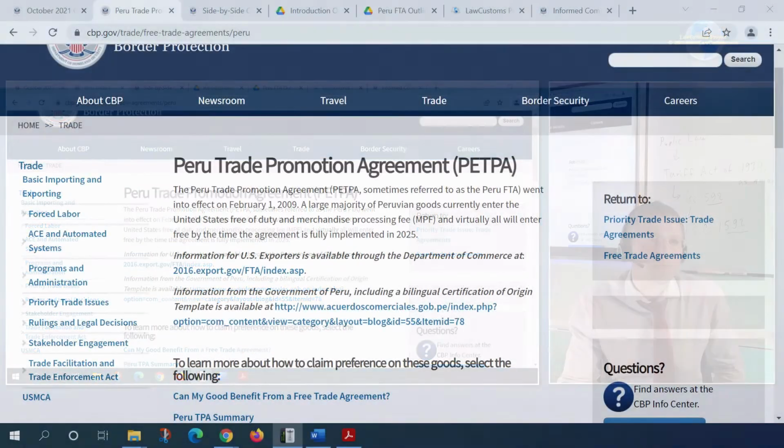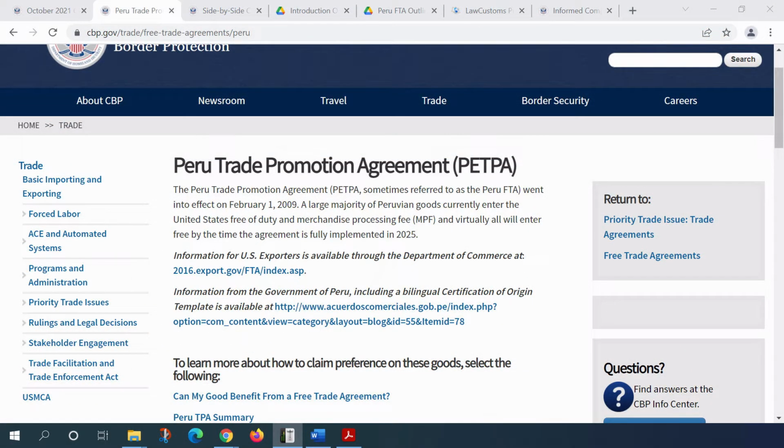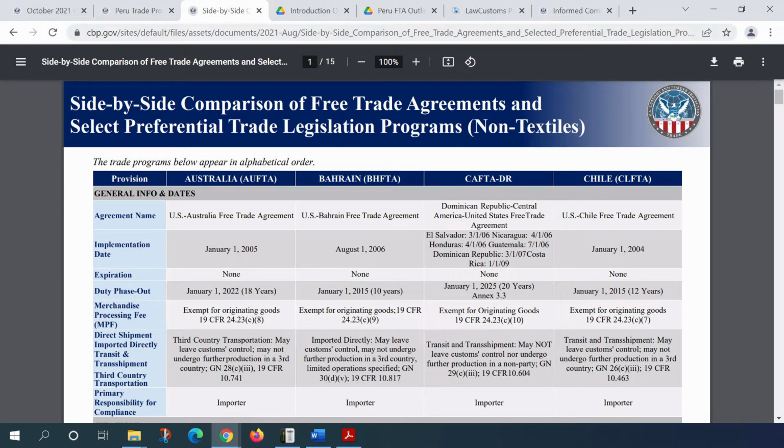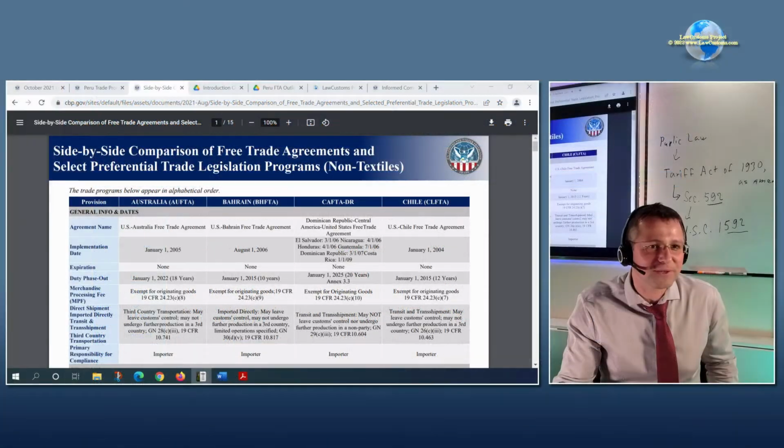More importantly, and this is extremely useful, it's not really a cheat sheet, but it does provide you with relevant facts, is this document. It is posted on the CBP website.